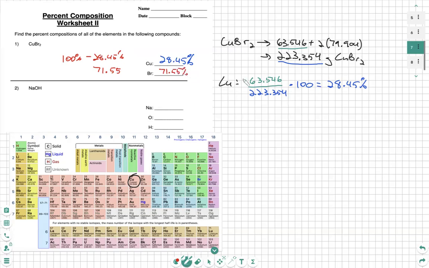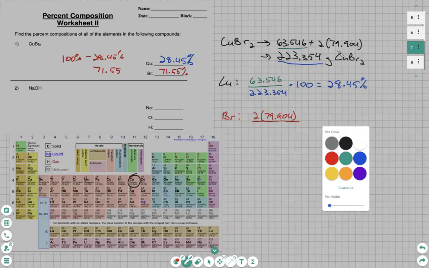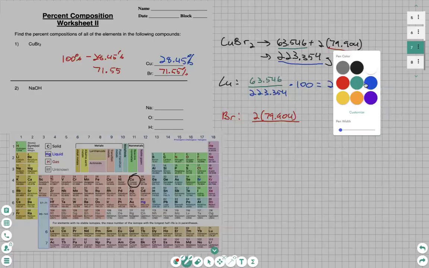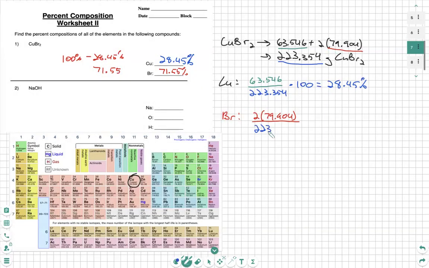Now, if your teacher requires you to do it the chemistry way, no problem. Just write it out. Remember, we have two bromines, so make sure you take that into consideration. We have the weight of bromine over the weight of the compound.